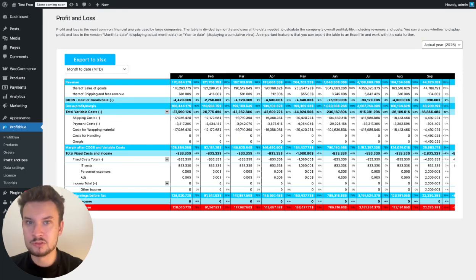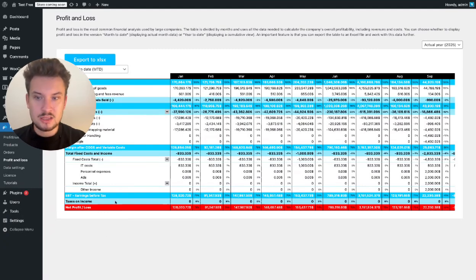For example, if you sell 100,000 of products, you get, I don't know, $1,000 every single month. Then you can put it over here and calculate with that. The income is not the cost, so it adds money to your profit and loss. Anyways, the costs, fixed cost and variable cost, just take money out of your company. These are costs. They just cost you some money, right?